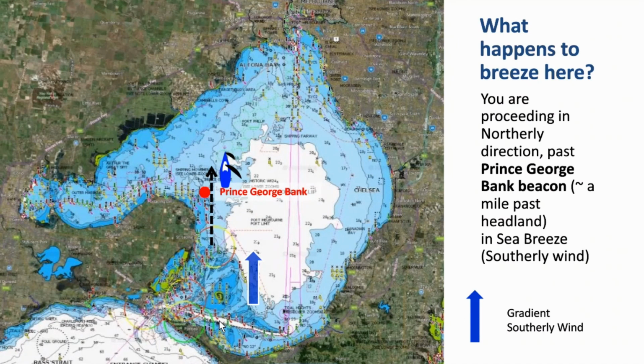What happens to the wind as you come in? I don't think you ever go in or out of this area without feeling the changes in the wind. Why is it so?